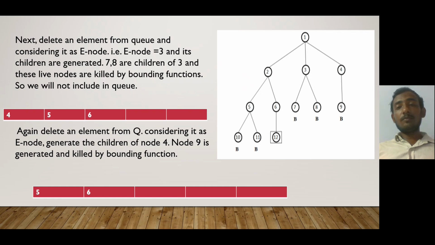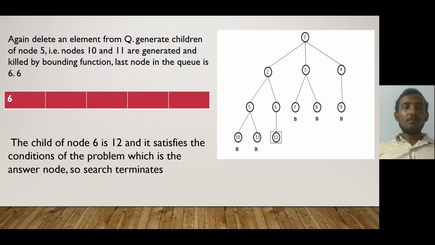So the queue becomes 4, 5, and 6. Again, deleting an element from the queue, considering it as the E-node, we generate the children of node 4. Node 9 is generated and killed by the bounding function. Again, deleting an element from the queue generates children of node 5, that is nodes 10 and 11 are generated and killed by the bounding function.